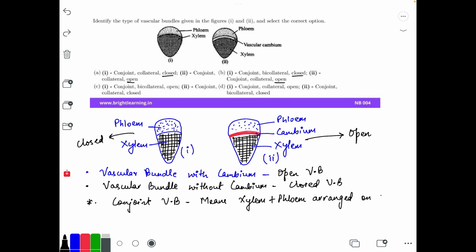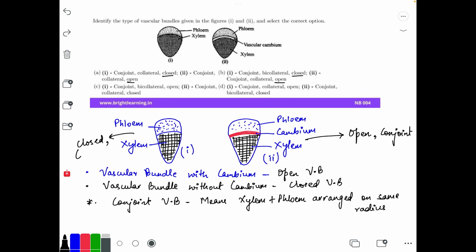Now, what do we mean by the term collateral? Collateral basically means that the layers of xylem and phloem are arranged separately, with the phloem on the outer side of the xylem. They won't be mixing.